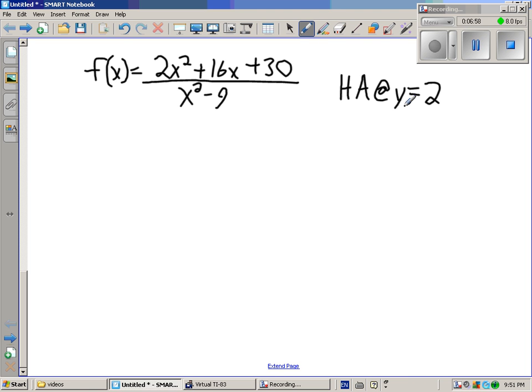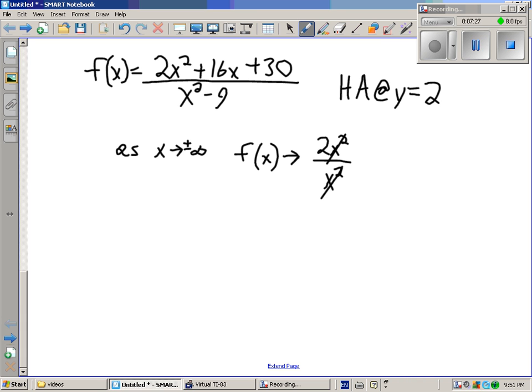Well, let's see why this happens. As x approaches infinity, and in this case it doesn't matter, positive or negative infinity, we could go either way, f of x really just starts to approach the leading term on the top divided by the leading term on the bottom. The leading term on the top is 2x squared. The leading term on the bottom is x squared.